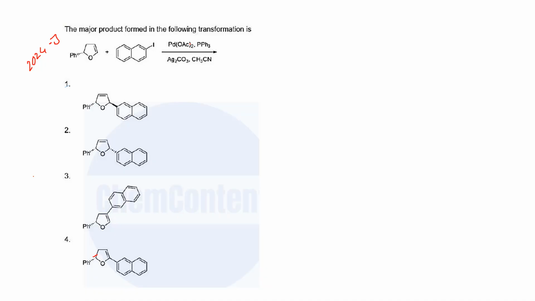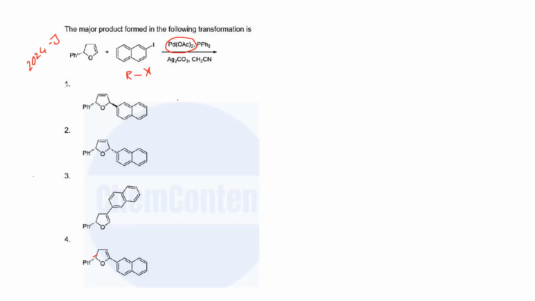From the reagents, palladium is given and a halide, so you can get an idea of which type of reaction it is. This is a coupling reaction, and it is a Heck coupling reaction.